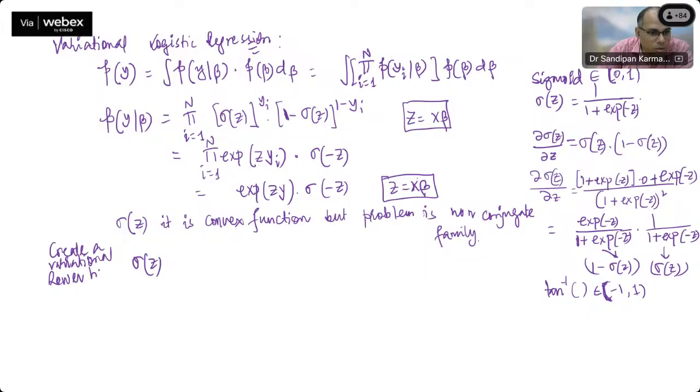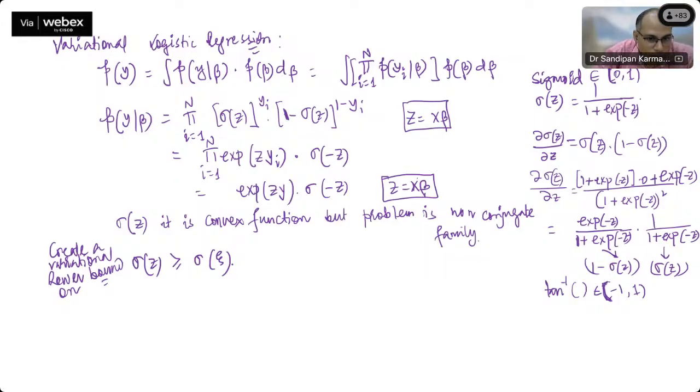So it will be coming in terms of one free parameter, and this free parameter we have to actually tune. Based on that, we can actually compute the logistic regression.